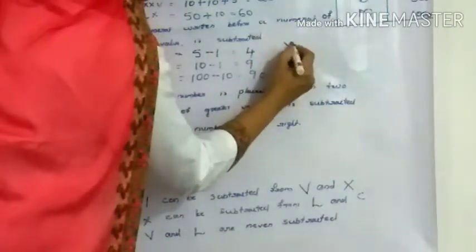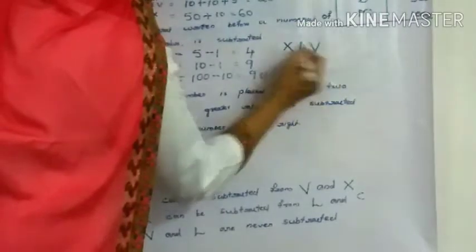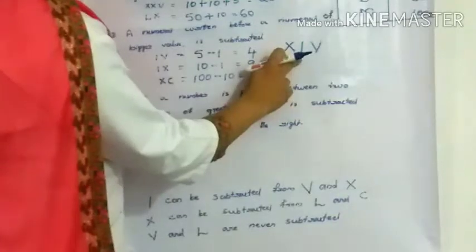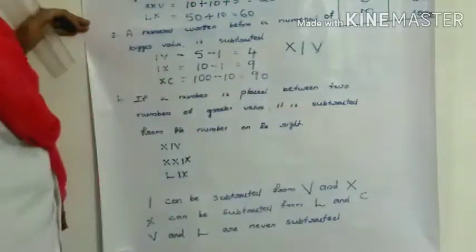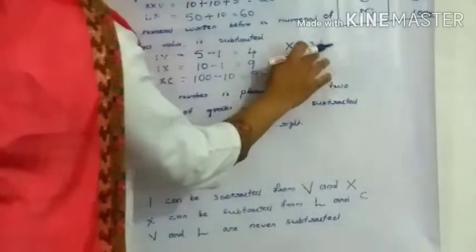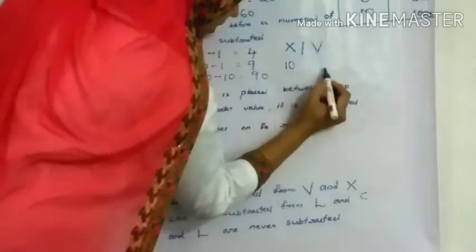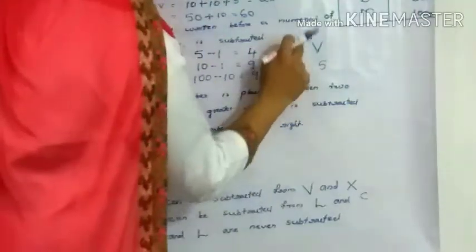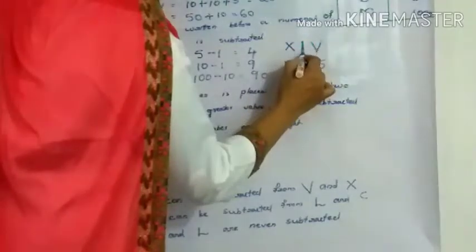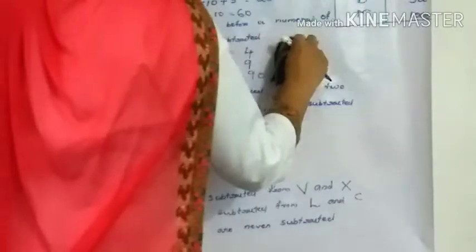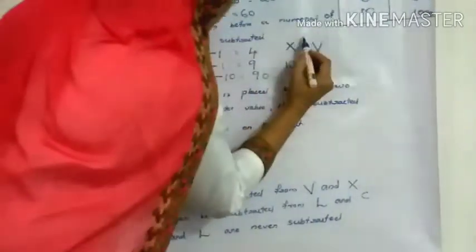Look here: X and V. X represents 10, V represents 5, and the middle one, I, represents 1. It is smaller than these two numbers.